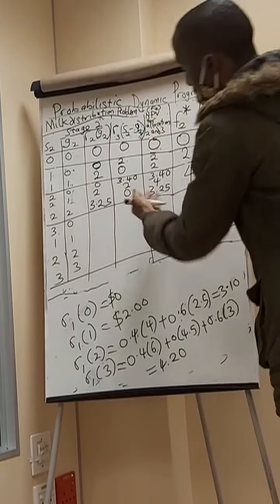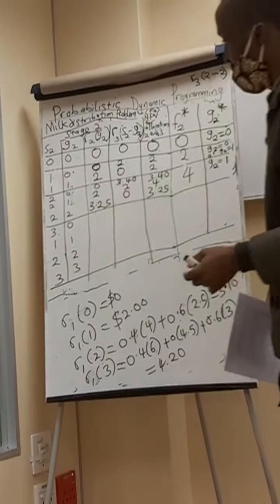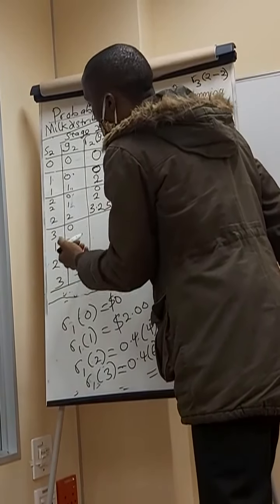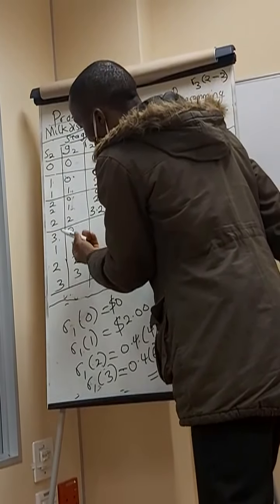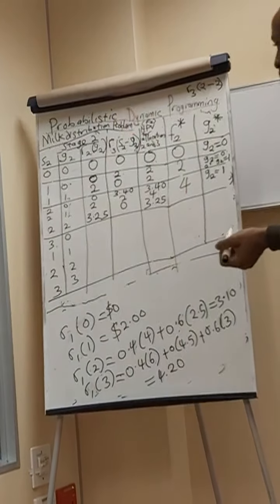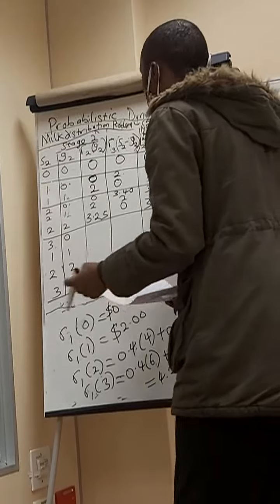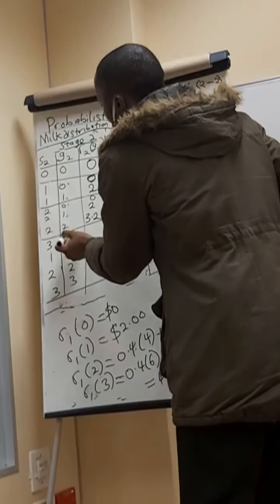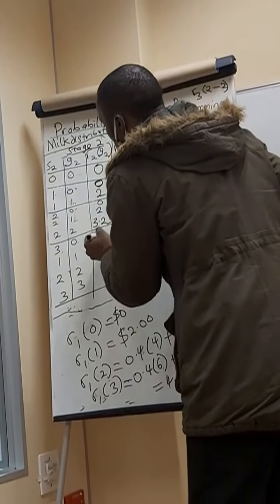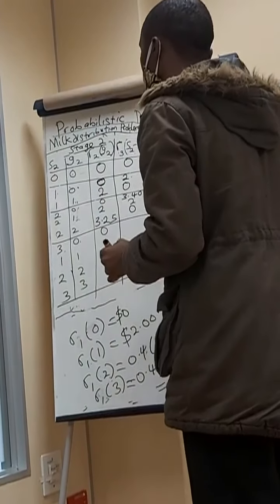I will do the same thing for the next possible situation where 3 gallons are available. I can allocate either 0, 1, 2, or 3, taking into consideration the demand information. Following the same analogy, if I've allocated 0, my R2 of 0 based on my previous computation is 0.